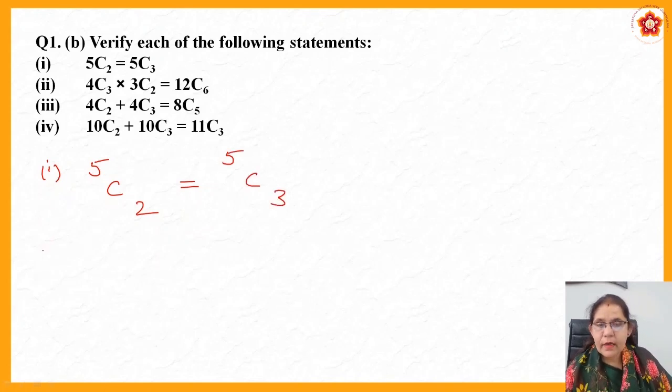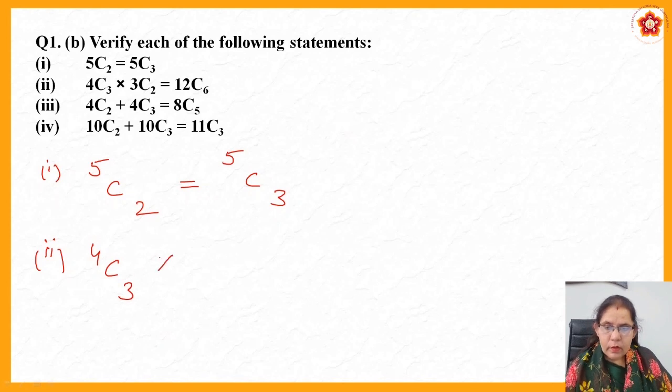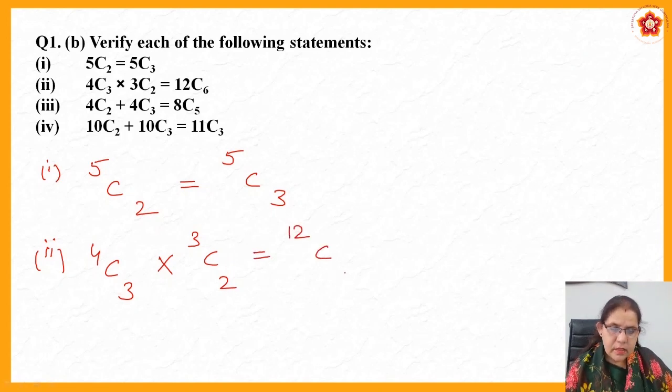Please find 5C2 and 5C3 and see whether these two are equal or not. Then find 4C3 multiplied by 3C2 and check whether it is equal to 12C6 or not.